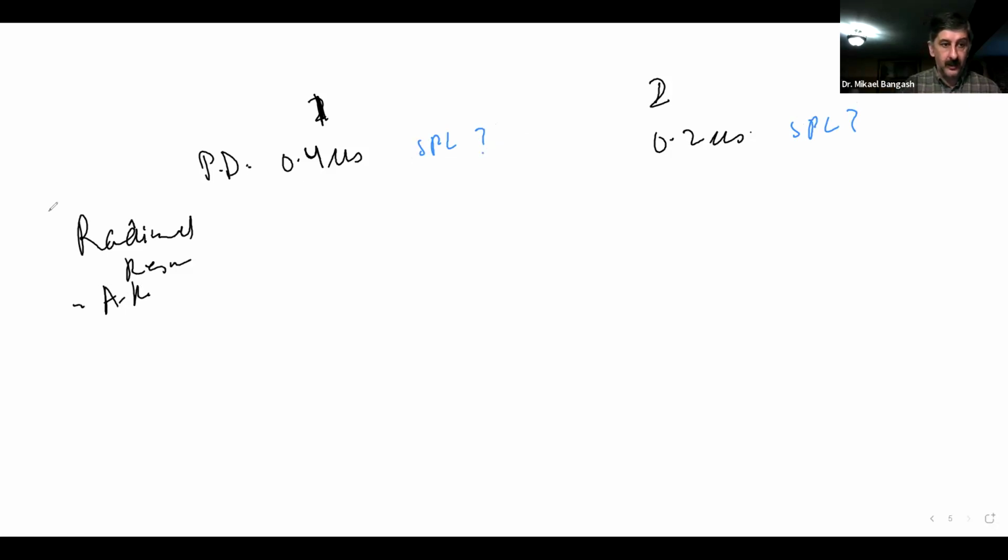But as we said earlier, pulse duration and spatial pulse length are directly proportional, and spatial pulse length and resolution value are directly proportional too. So the one with the greater pulse duration has a greater spatial pulse length, and the one with a lower pulse duration has a lower spatial pulse length.